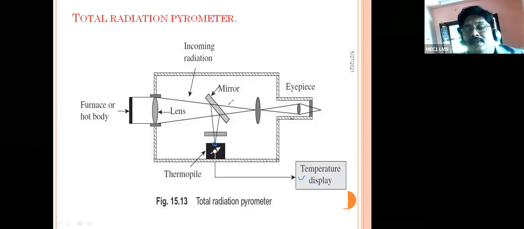If the direction changes, then automatically, see here, actually I have to write the directions. All of you see here. So good question, number 20 Manikanta. See here, this is the focusing, right? All of you see here.